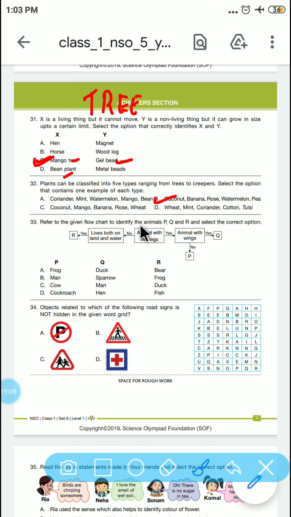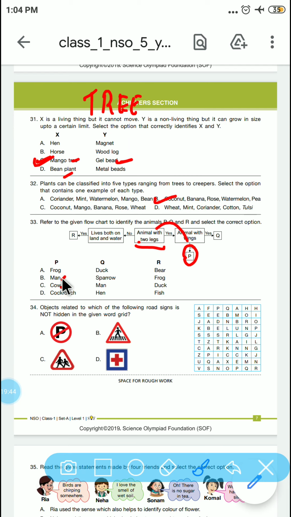Now let's see the 33rd question. Refer to the given flow chart, identify the animals P, Q, R, and select the correct option. So animals with 2 legs, we will begin with the mid section. Animals with 2 legs, animals with wings. So here we have 2 legs and wings. Here we don't have wings but have 2 legs. So the 2 legs are for which one?